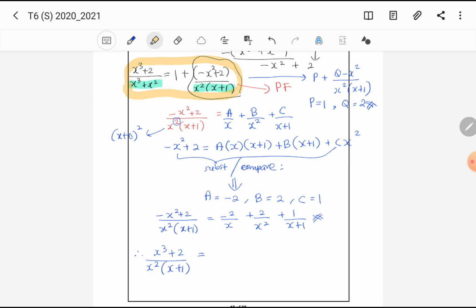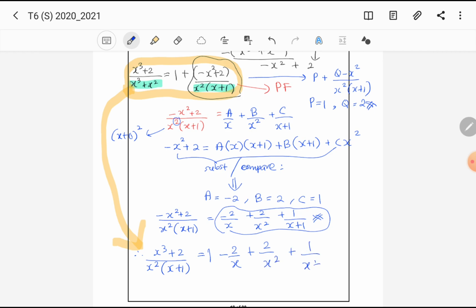Okay, yang situ tadi. So kita tulis semula. So dia akan jadi 1 plus the partial fraction. And answer for partial fraction kat sini. So 1 minus 2 over x plus 2 over x squared plus 1 over x plus 1.